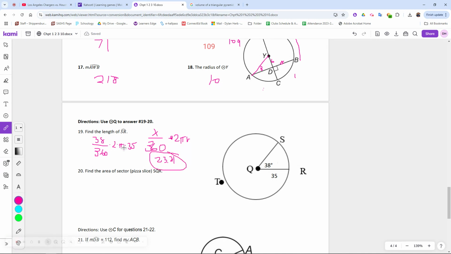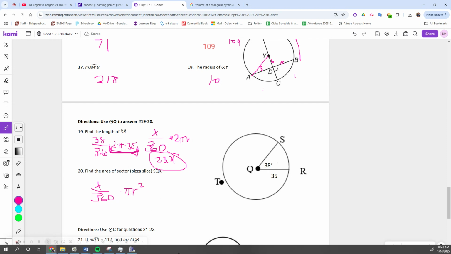Find the area of this sector. So doing the area of the sector is the same thing, except since we're not finding arc length, we're finding area. So instead of using the circumference right here, you're going to use the area right there. So it's still x over 360, but it's times the area, which is pi r squared. So we're going to substitute the same numbers into that.